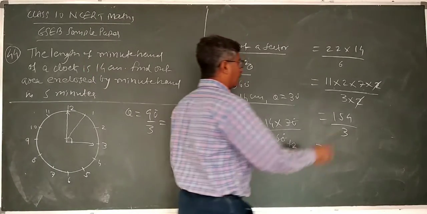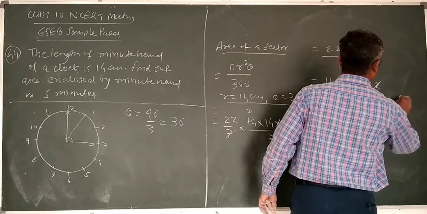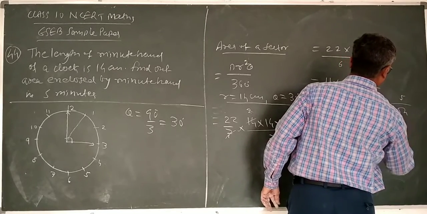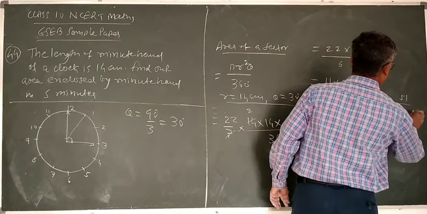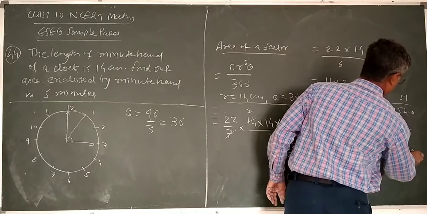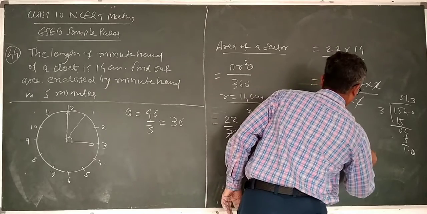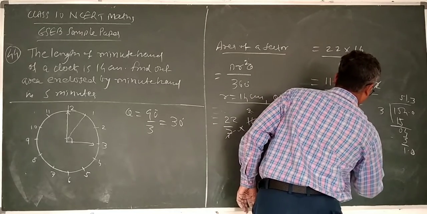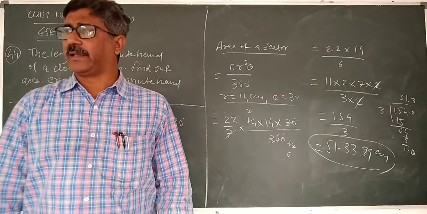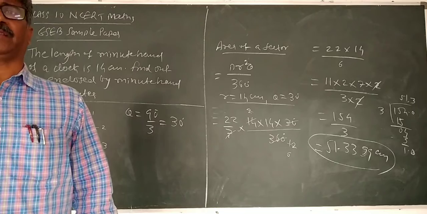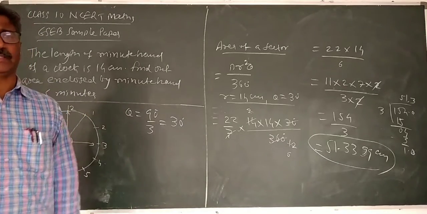So let us do it, 154 divided by 3. So the answer: the minute hand can cover 51.33 square centimeters of area in 5 minutes.